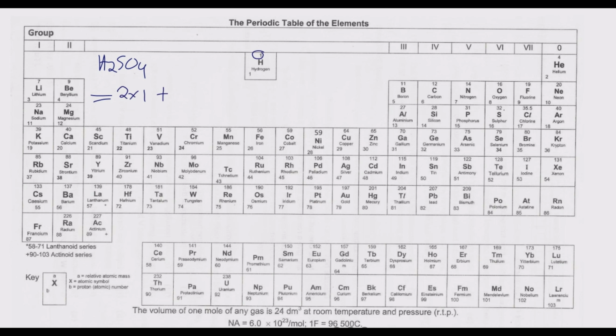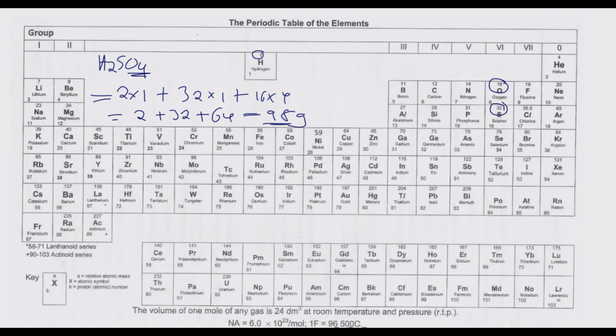Sulfur is 32, there is only 1, so 32 multiplied by 1, then plus oxygen, there are 4. Oxygen is 16, so it will be 16 multiplied by 4. So we have 2 plus 32 plus 64. We end up with 98 grams. So that's the molar mass.